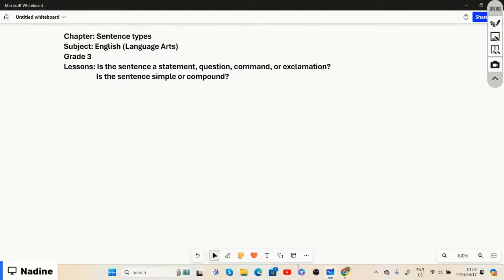And the lessons that we are focusing on under the chapter of sentence types are: is the sentence a statement, a question, a command, or an exclamation? And is a sentence simple or compound?